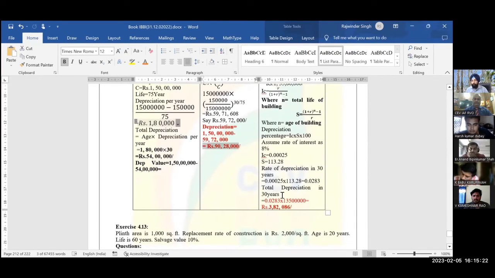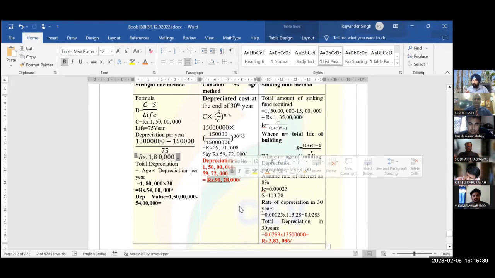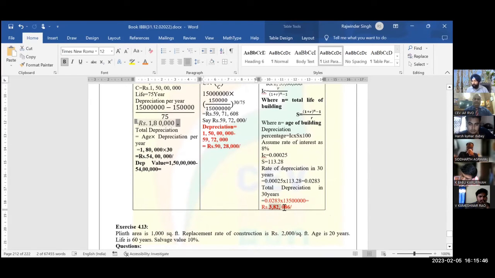Sir, it will be sinking fund method. Yes, sinking fund method. Which method will give you lowest depreciated cost? Sir, constant percentage. Straight line method, lowest. I am not talking about depreciation, I am talking about depreciated cost. So here the depreciated cost is 3,80,000. Sorry, the lower the depreciation, the higher will be the depreciated cost.